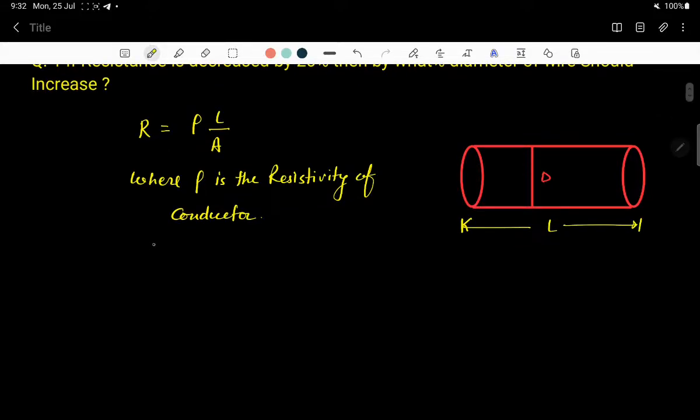And we are keeping L also constant, so area is the only quantity that is varying.